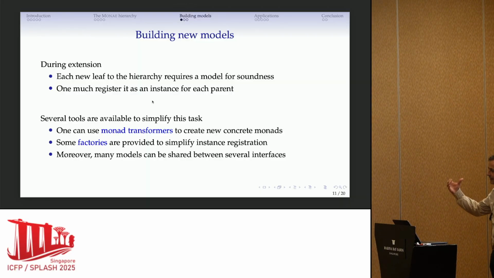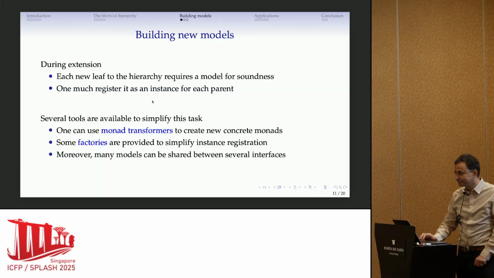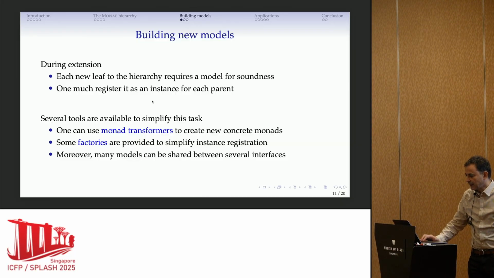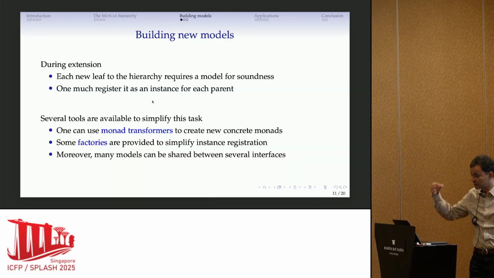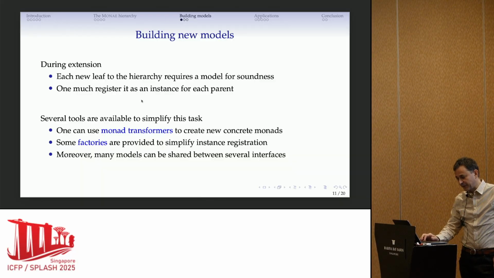Next, as I said, every time you add a new node, you need a model. And what does it mean? During extension, you need to formalize a model for soundness, and also you must register it as an instance for each parent. And there are tools to help with that in Coq.